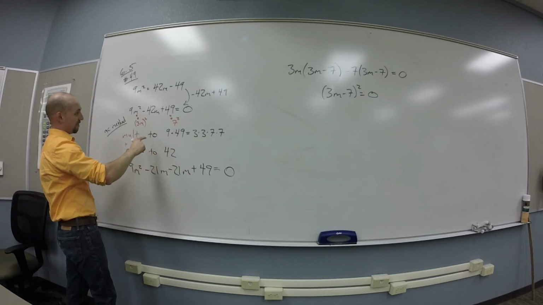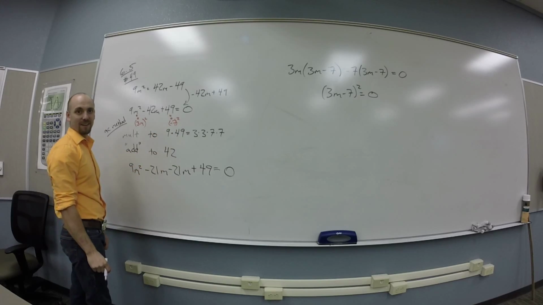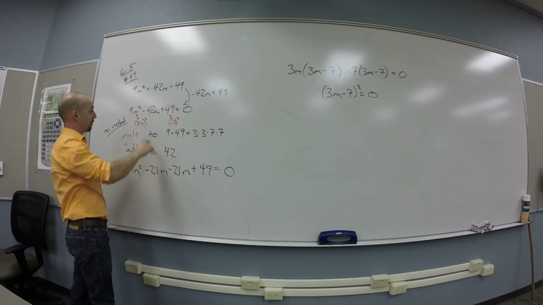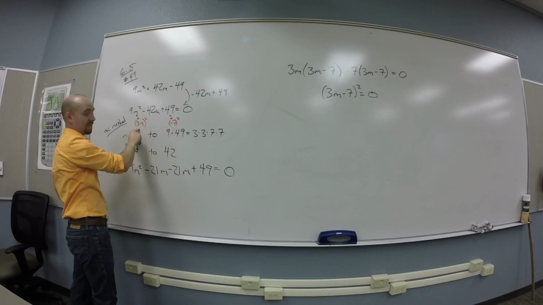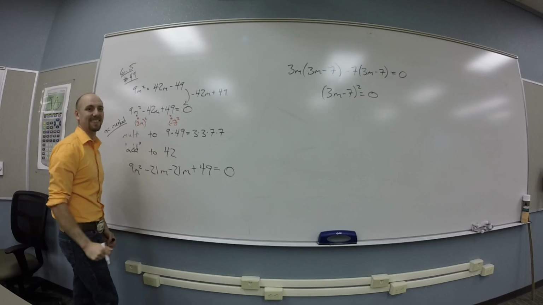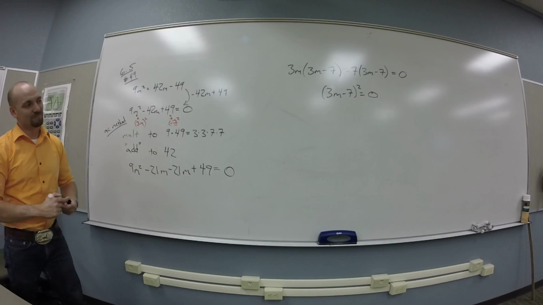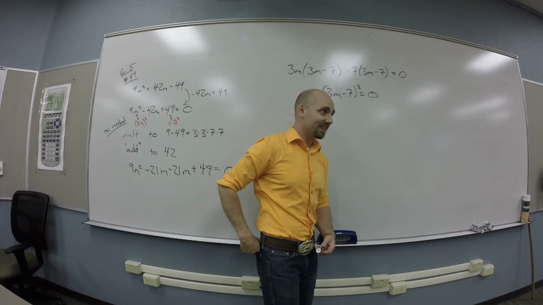And negative, well, maybe it's negative 7 squared. But 42m is in fact 7 times 3m times 2. Okay, well, I missed it, whatever. I did AC factoring. Apparently I got it right.